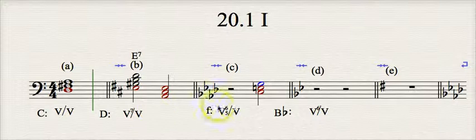Let's build it first on G in root position, and then as a last step we'll invert it to a 6-5 position, okay? So I'm going to take that G, maybe write it down an octave, and I'm going to build a root position 7th chord that has the quality of a major minor 7th chord, or dominant 7th chord, right?